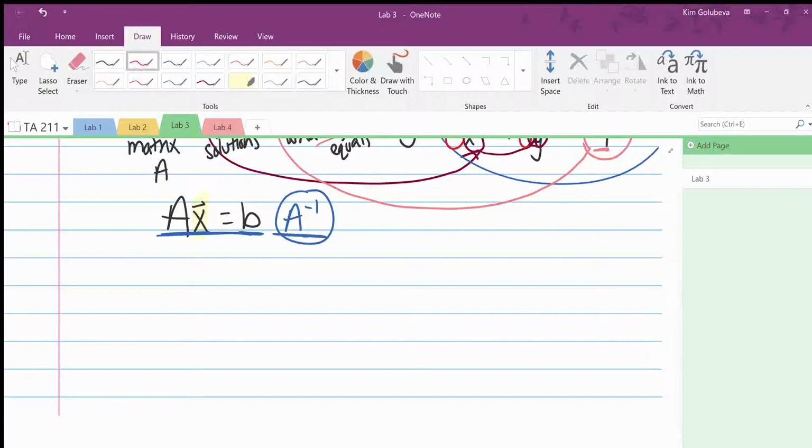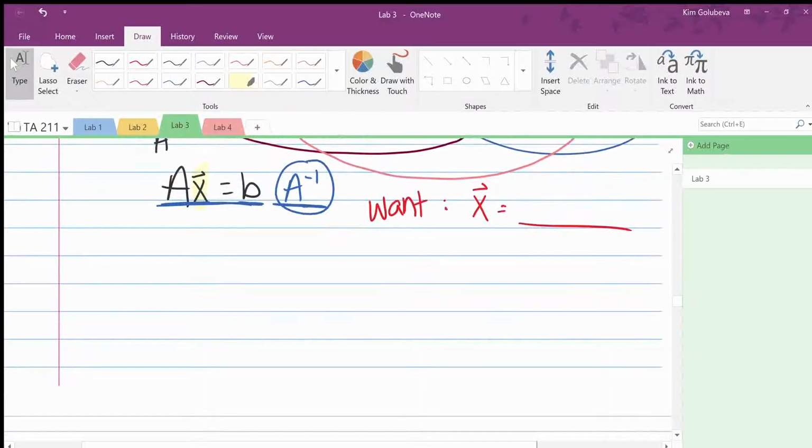What do we want? We want X equals something so that we can calculate X. We want to solve the system. So we could multiply on the left. Once again, order of multiplication matters.